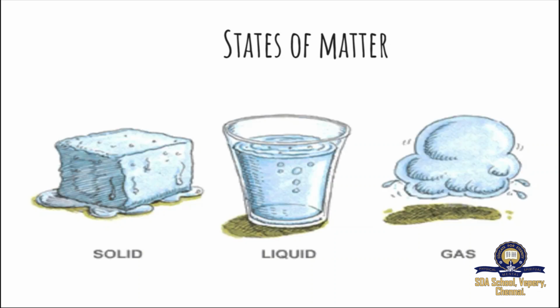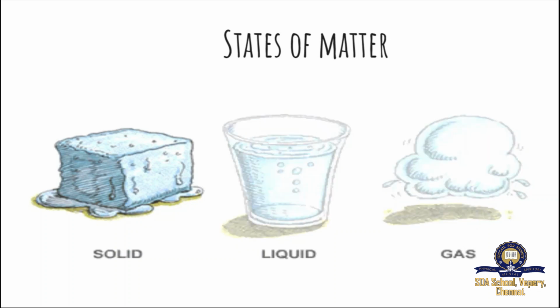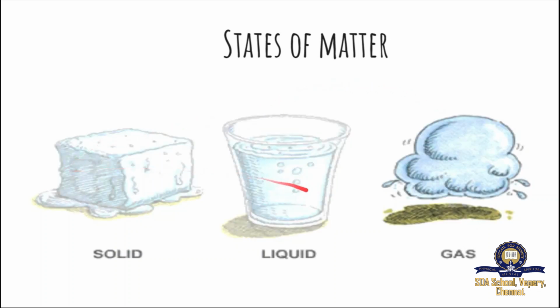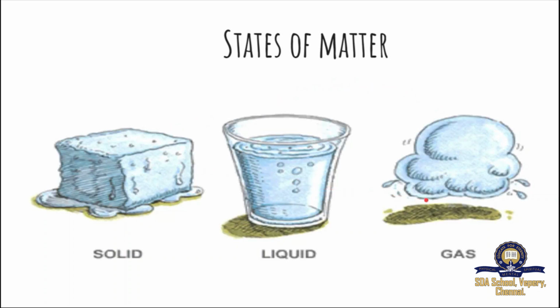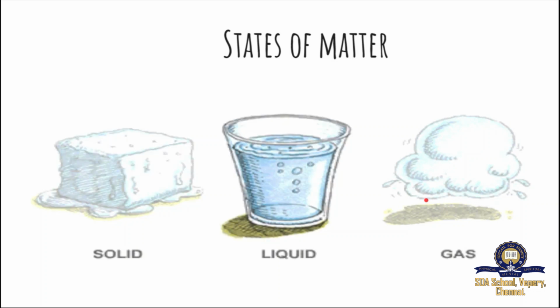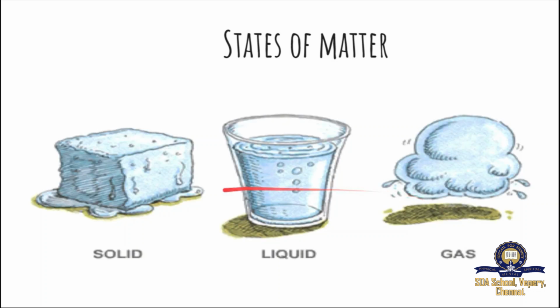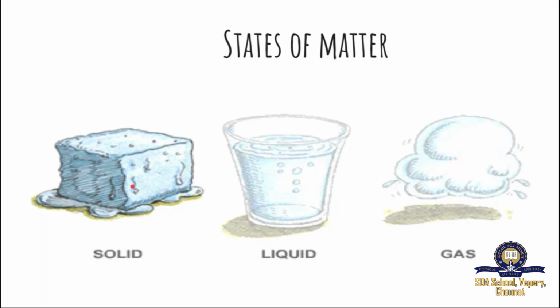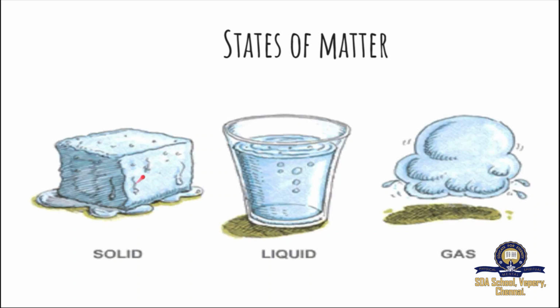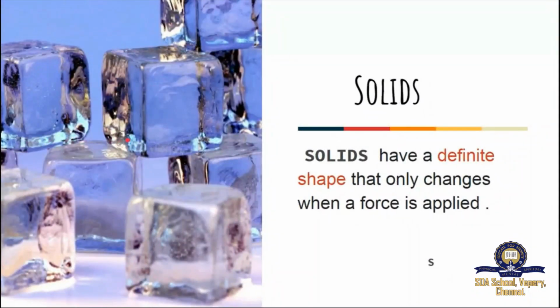What are they? Yes, solid, liquid, gas. Let's start with the most obvious state of matter, that is the solid state. In solid state, the objects keep their own shape and do not flow at a given temperature.